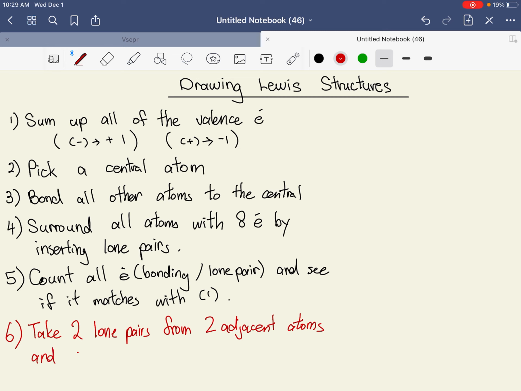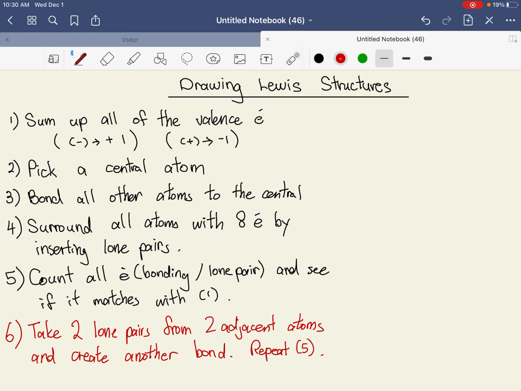And create another bond. After you do that, you repeat step 5. All right, so that's pretty much what the octet rule is all about.